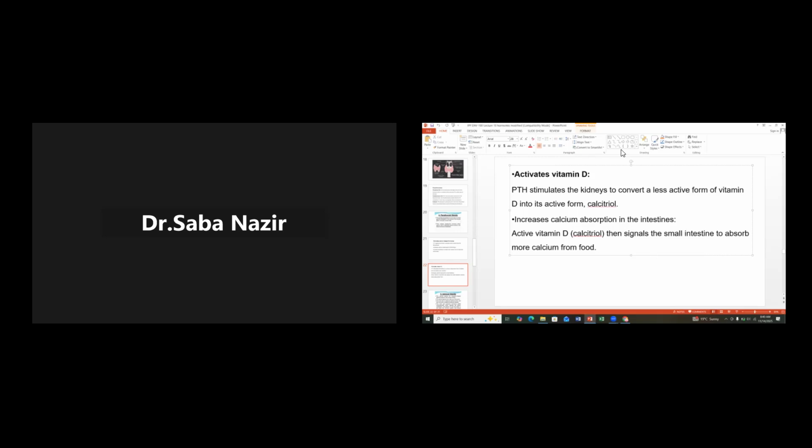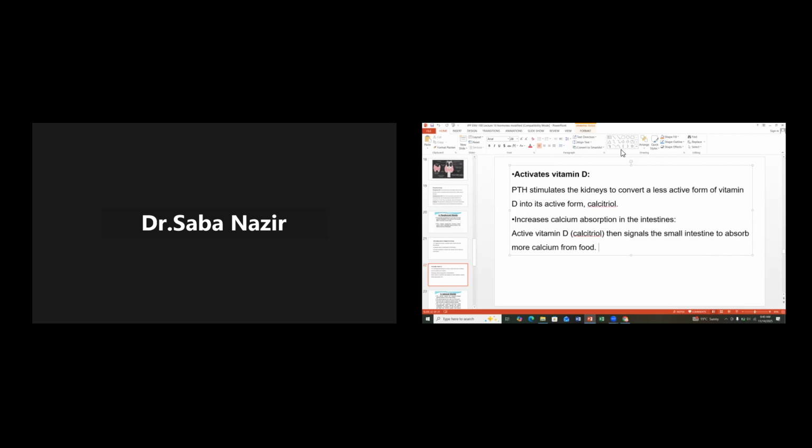This is one way. And what is the second target organ of parathyroid hormone? Parathyroid hormone activates vitamin D and it signals the cells within the small intestine. Within the small intestine, there are villi-like structures, and the signals are sent to absorb the calcium.